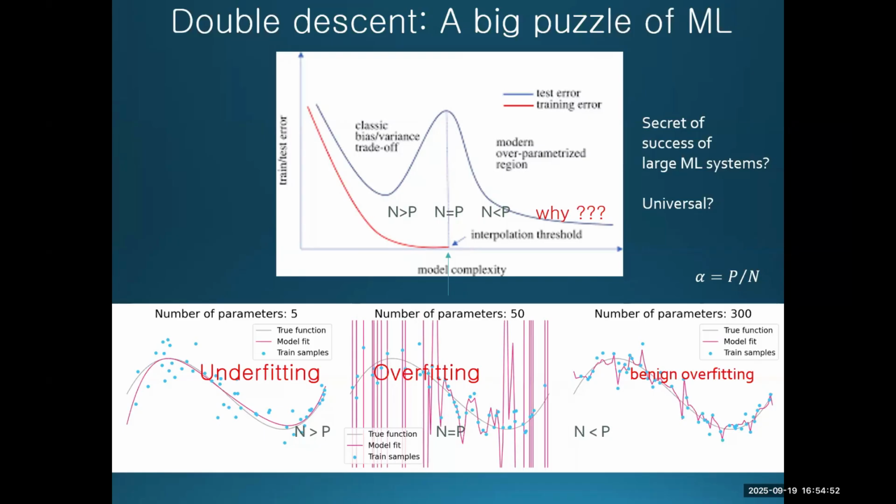Interestingly, we can see in the figure in the middle of the page, when the number of parameters is 50, this is the overfitting situation, right? Interestingly, some points in the middle of the figure are very well fitted, but the overall fitting is very bad.